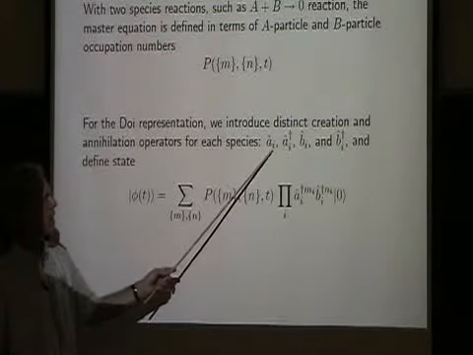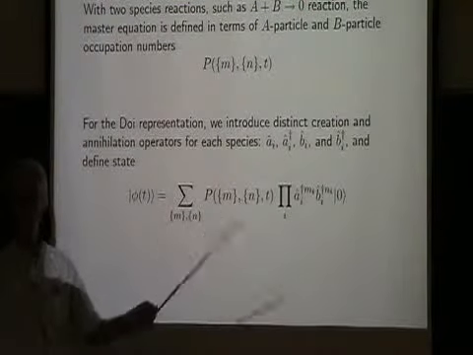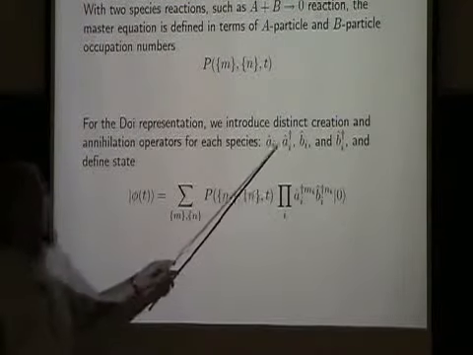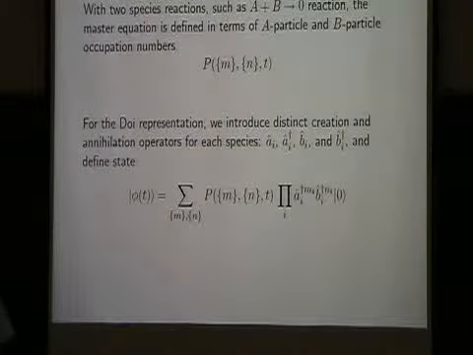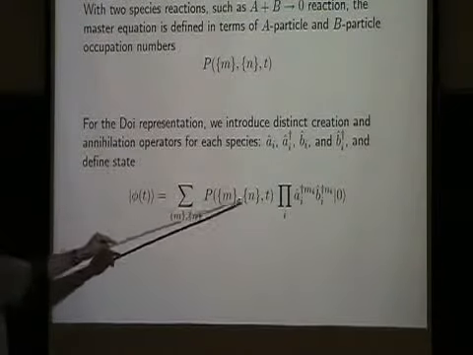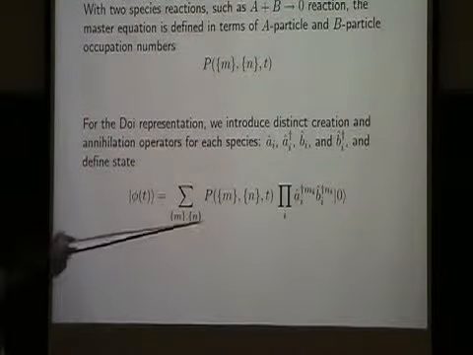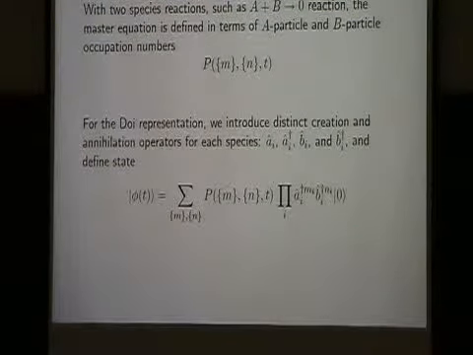So A at site i and A dagger at site i don't commute, but the ones on different sites all commute. And all A's commute with all B's and vice versa. Then you make your state in the obvious way, summing over all configurations to create the appropriate state. It's just a higher dimensional generating function.